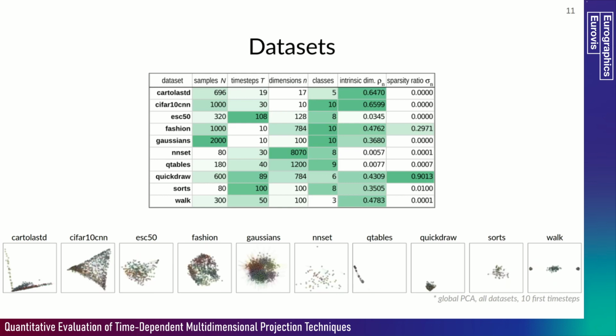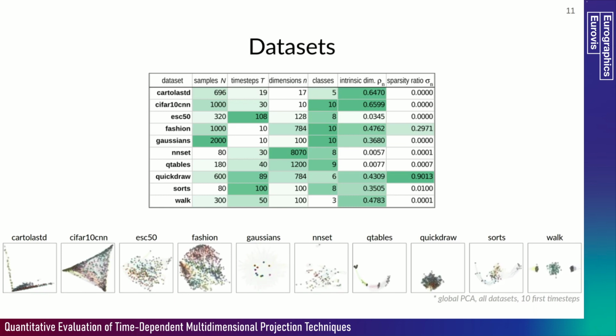As for the datasets, there is no readily available collection intended for this specific purpose. So we gathered and generated datasets from different sources, such as simulations, videos, and sports data. We were careful to try not to collect two datasets with the same characteristics or dynamics.